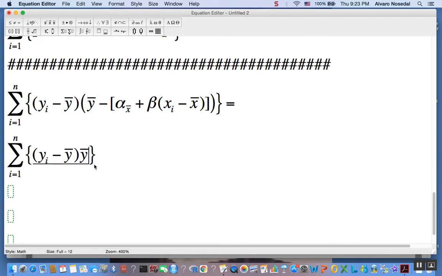That's the first one. And then we're going to have minus the summation of yi minus y bar times alpha x bar, right?